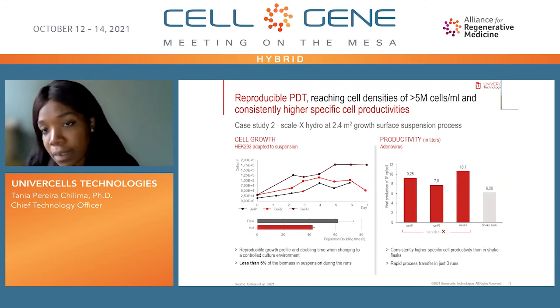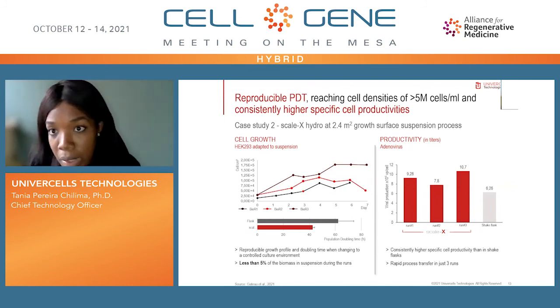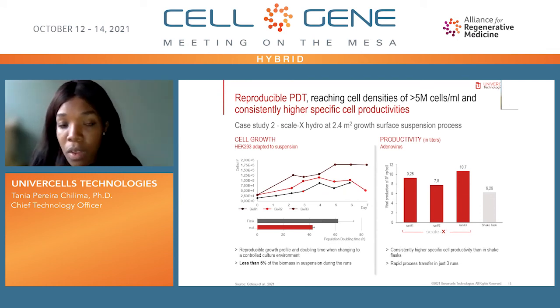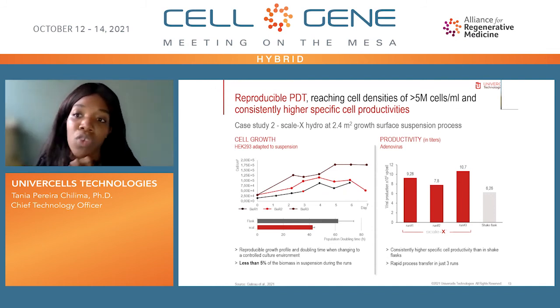When looking at the second case study, which uses suspension cells for the manufacture of adenovirus, this was an infection process. There, we did 3 bioreactor runs. The first one was just a copy-paste of the traditional process.